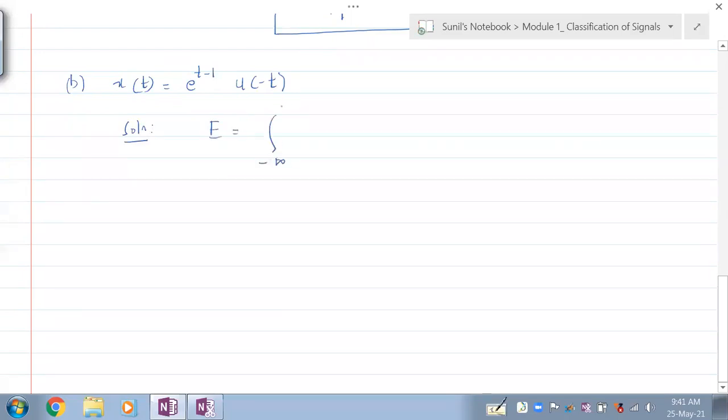Every time you're asked to find the energy, you're supposed to write this particular equation. This equation carries marks. Understand that? So this further can be written as minus infinity to plus infinity e power t minus 1 whole square, then u of minus t whole square.